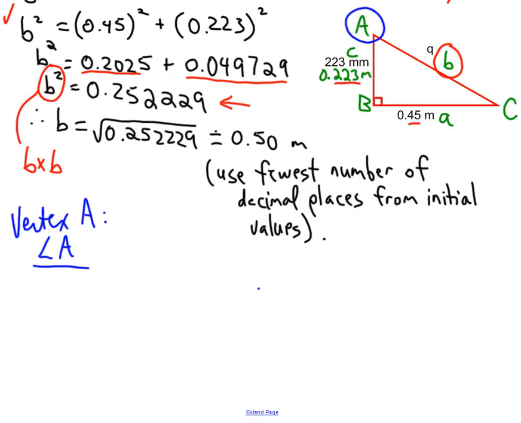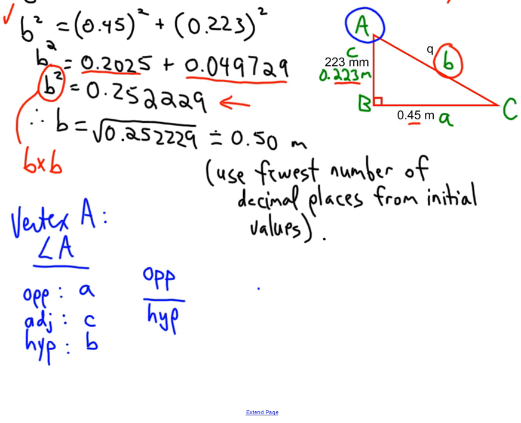we would have opposite would be little a. The adjacent would be little c, and the hypotenuse would be, as expected, little b. Okay, so the three possible ratios are the opposite over the hypotenuse.